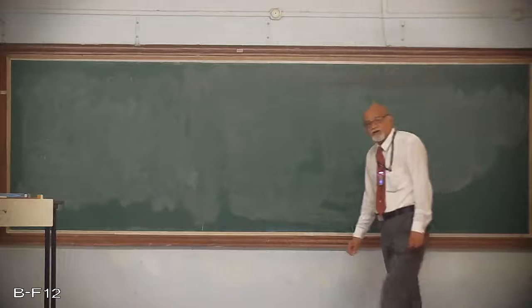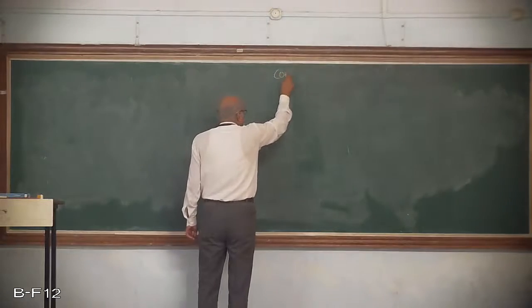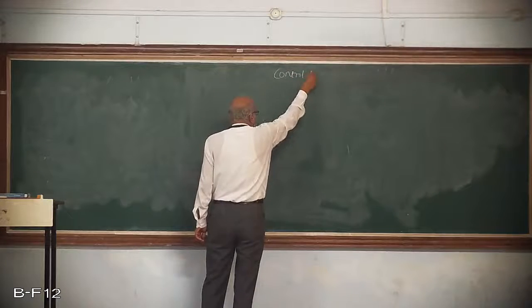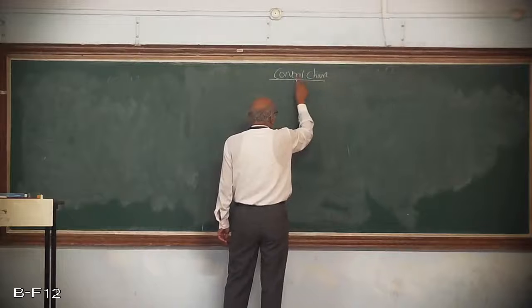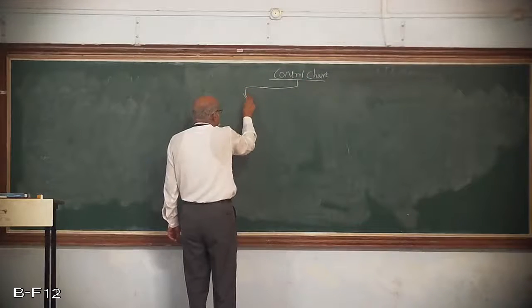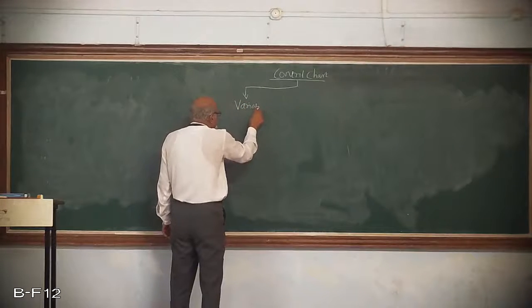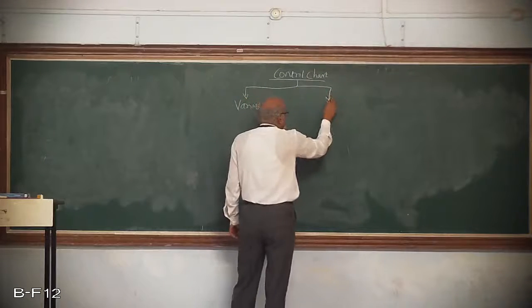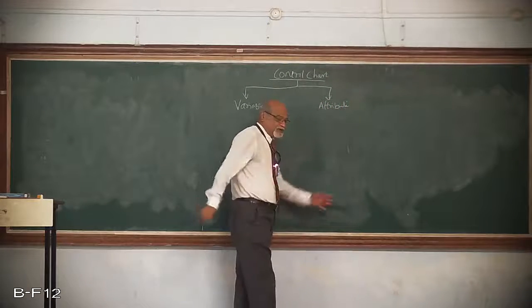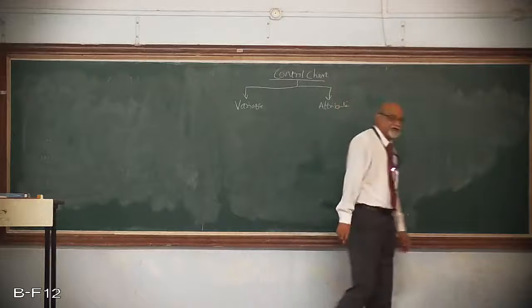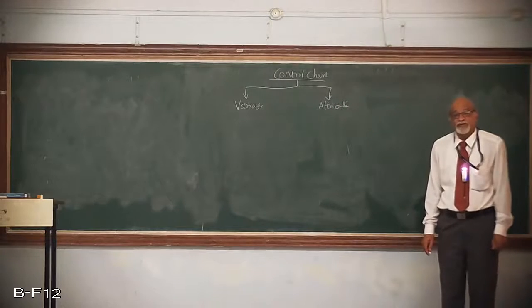If I draw these things, the control charts, that is what I started in the previous class. So we have this particular type of flow chart: control charts, which might be control charts for variables or attributes. Again, based on categorizations, it becomes very easy to understand things; otherwise, it becomes difficult.